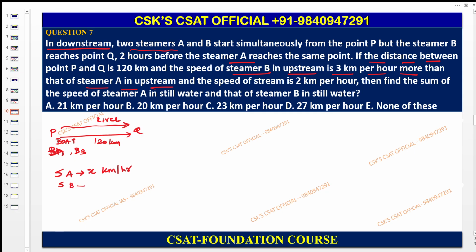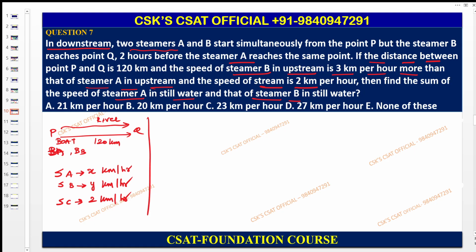Now try to understand, in your practice sheet it has been mentioned as B. Please change it to steamer A. You don't know the speed of steamer A, so let us take the speed of steamer A as x kilometers per hour.